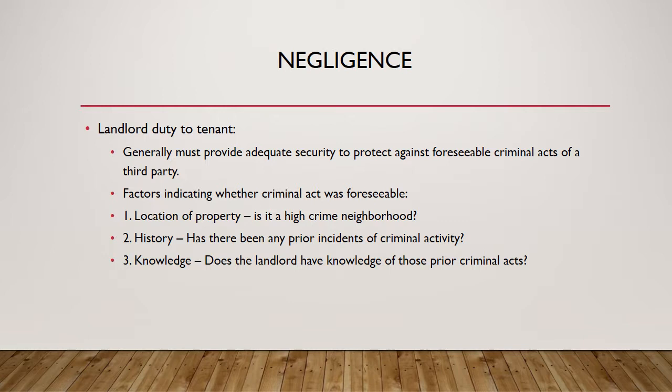You also look at the history. Has there been any prior incidence of criminal activity? If there has, then the landlord is kind of put on notice, and it's more likely foreseeable that criminal activity will occur again in the future.